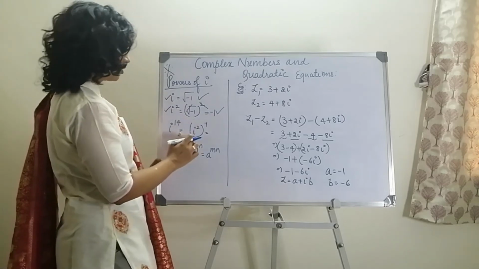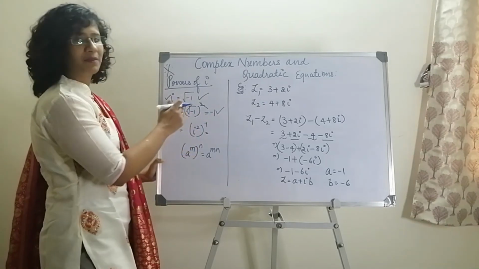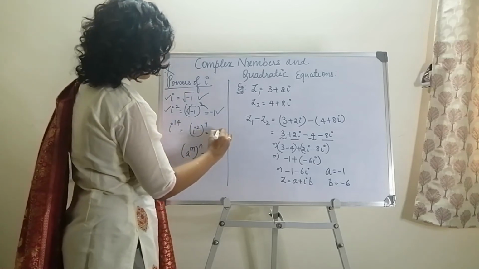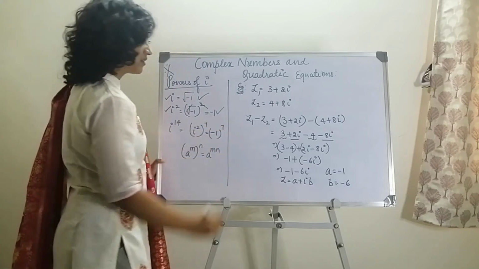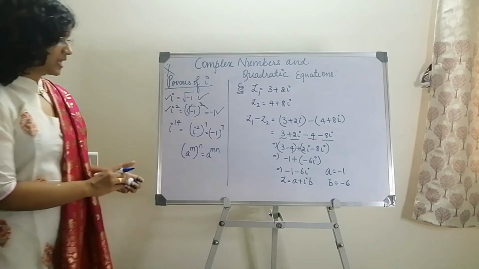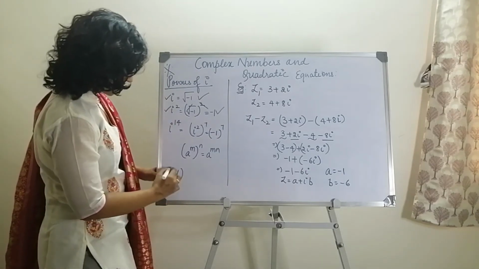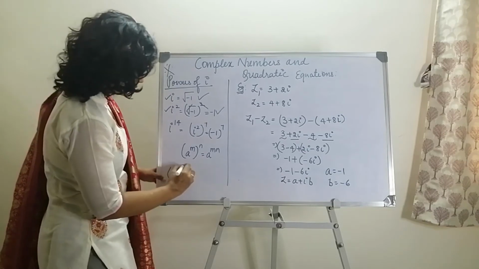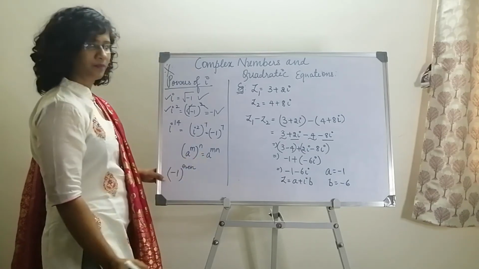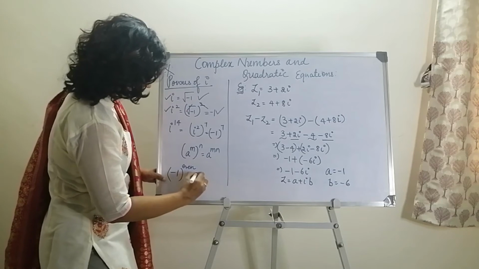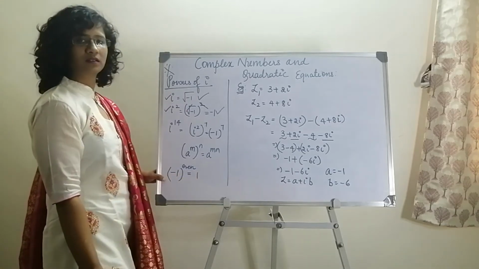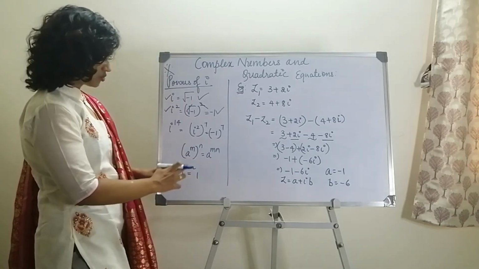So therefore, we know the value of i square from the previous step, which is equal to minus 1, and my power is 7. Correct? Now, one more very important thing. If I have a negative value to an even power, the value will always be 1. Minus 1 to an even power.